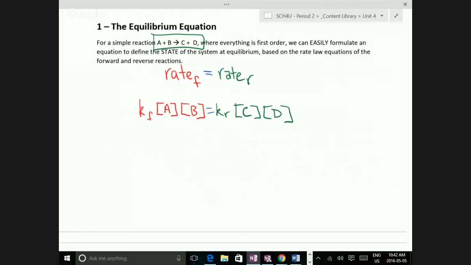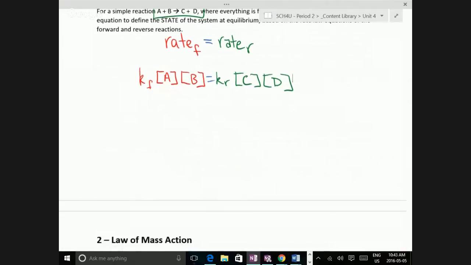Does that make sense? All we've said is that if the forward rate and the reverse rate have to be equal, we can go back to our knowledge of rate laws, and knowing that this is a nice simple reaction, I can write it just like that. Now, if this is true, what if I wanted to put all of the constants on one side and all of the variables, all of our unknown concentrations, on the other side? How could I rearrange this? The constants aren't variables. We don't know what they are.